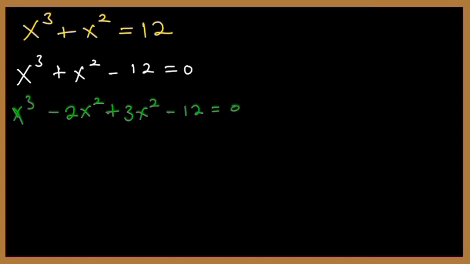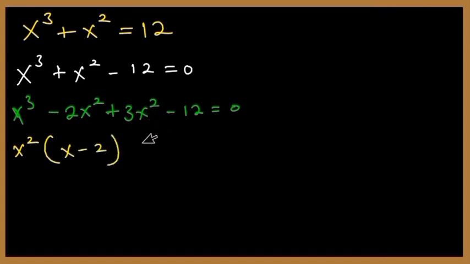From here I can factor x to the power 2 out. So factoring it out, I'll have my x to the power 2 times x minus 2, bracket closes.